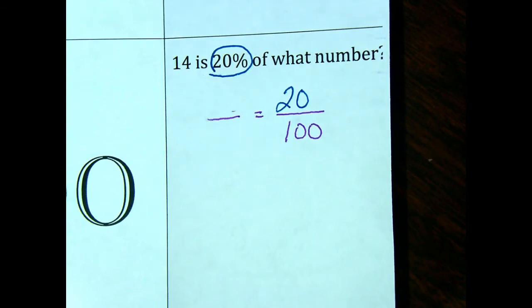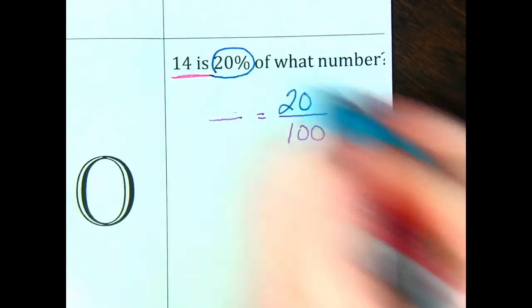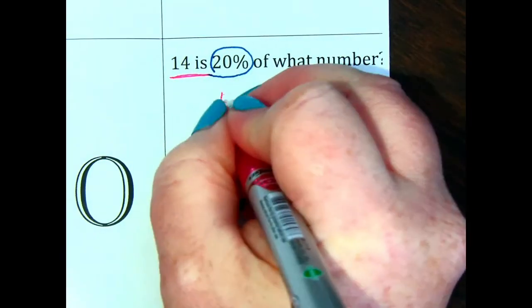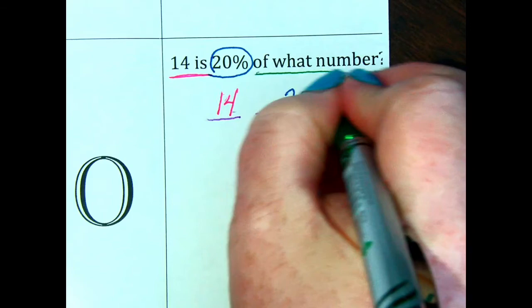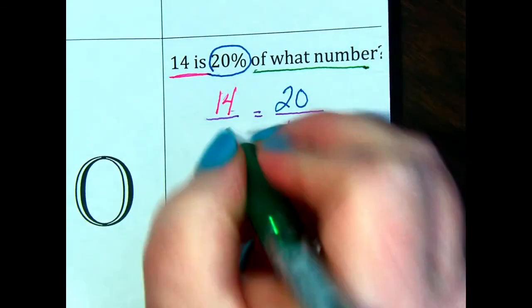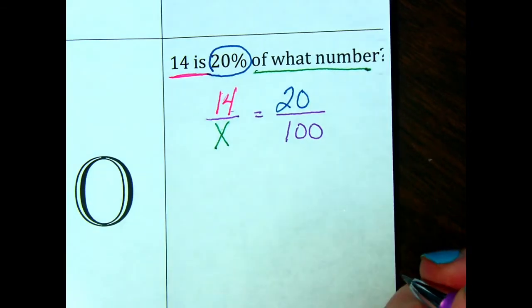Then it tells us 14 is. So 14 is goes in the numerator because it's is over of. And in this case, it's asking me of what number. Well, I don't know what number, so I would just call that x. And again, as with our last few examples, once it is set up, I just use cross products to find my answer.